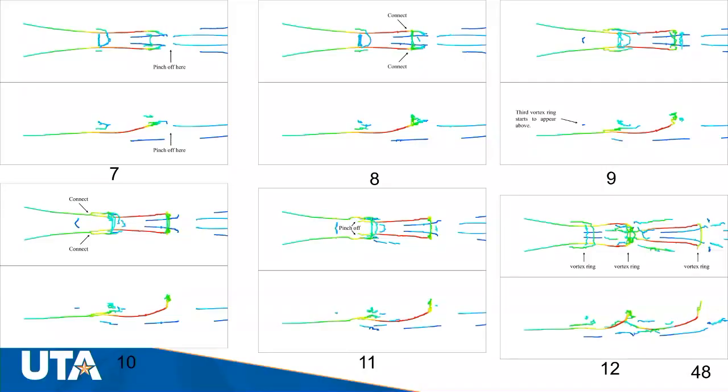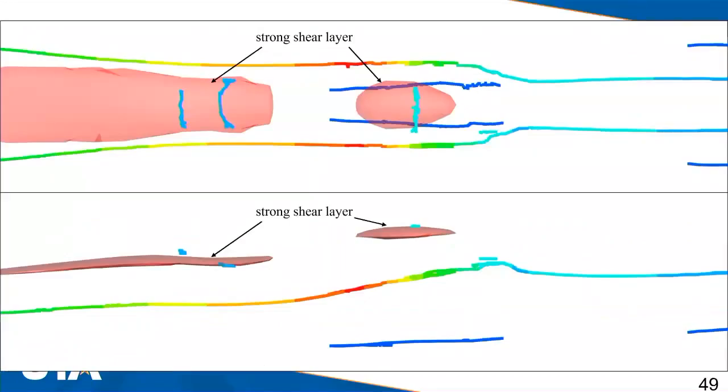So that's our observation from the vortex core lines. From the observation of the core line, we can see the ring formation is not like what self-induction would do. It's a connected ring line, and then the head becomes big like a ring, and the neck becomes narrow and pinched off.